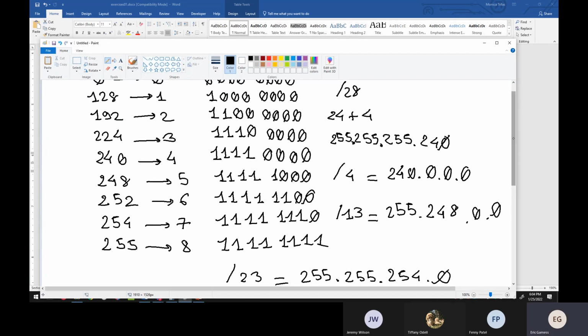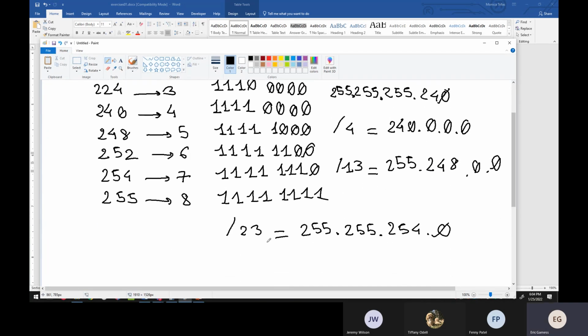If I do /30, so 30 is what? 8 plus 8 ones plus 8 ones. Up to now I have 24. How many is missing? 6. So it's 252. If I need 6 ones, which is 1 1 1 1 1 1 0 0, 252.